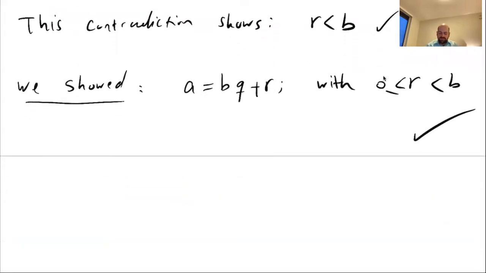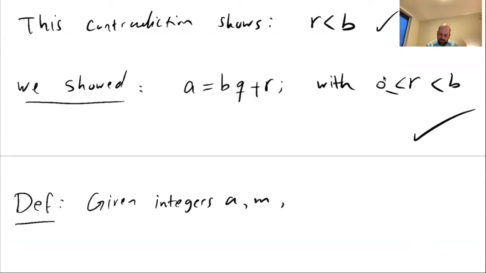Okay, now let's look at another definition. Given a positive integer m, let's be given integers a and m with m bigger than 0.